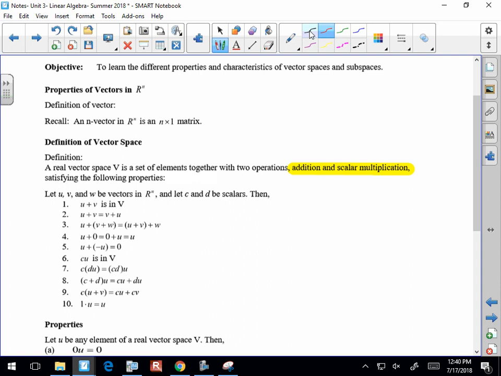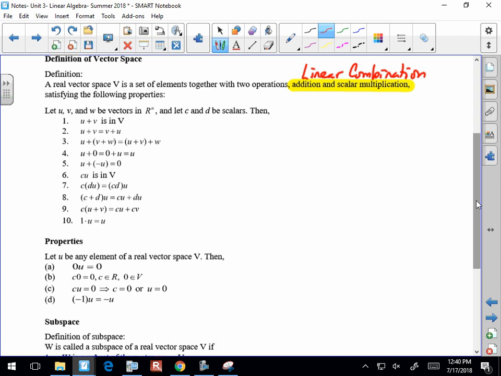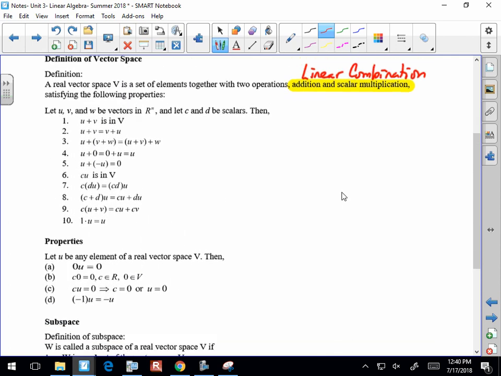a linear combination. All right, because if you can put your columns, which is typically how we're referencing the vectors, together using those two operations, for those of you still looking, if you put them together using only those two operations, then you're looking at the linear combination of the columns of the matrix.